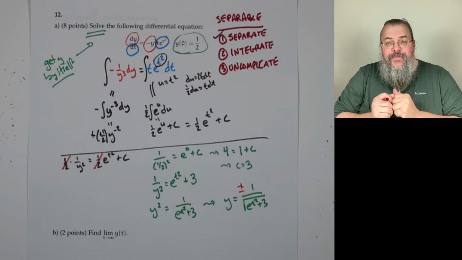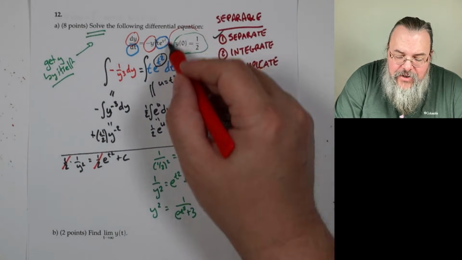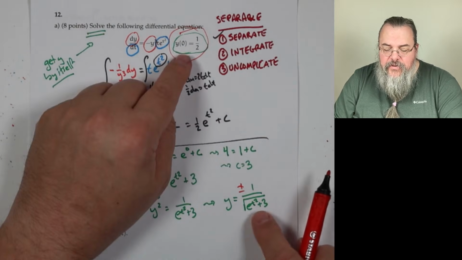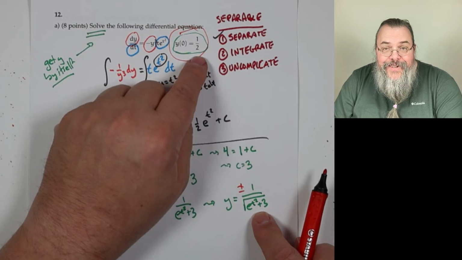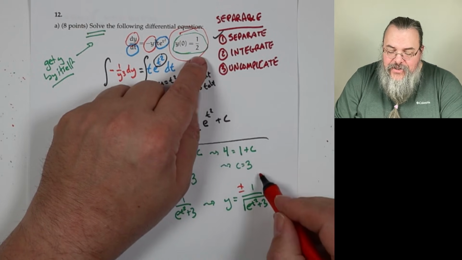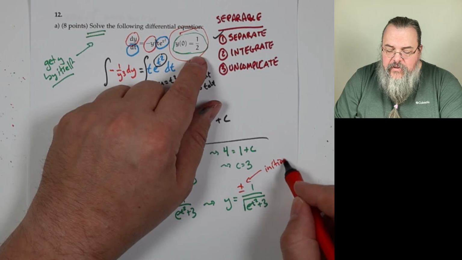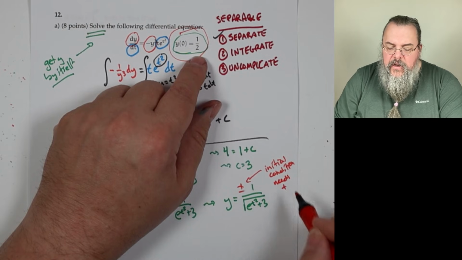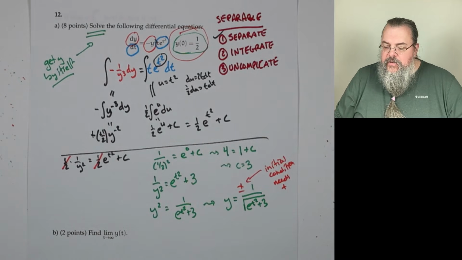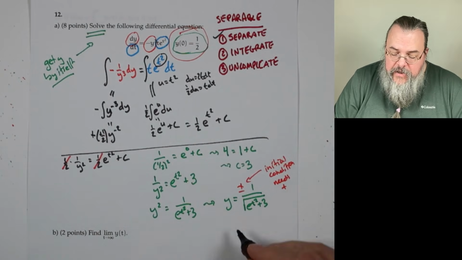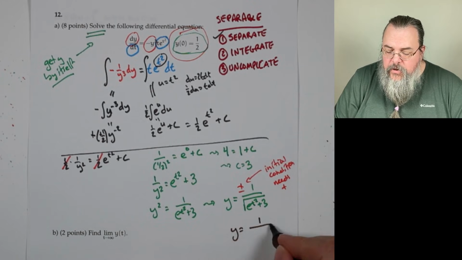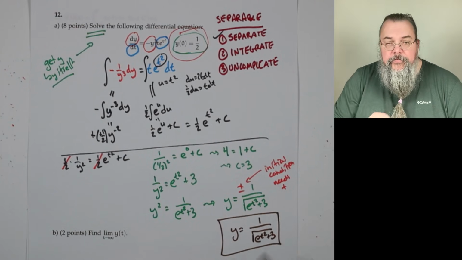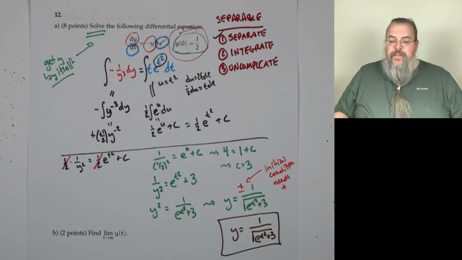And why is it the plus? Well, come back to your initial condition. I need it so that when I plug in t equals 0, I get out positive half. So the initial condition tells us that we need the plus. Okay, so lo and behold, our final answer for the solving is y equals 1 over the square root of e to the t squared plus 3. Okay. Cool.